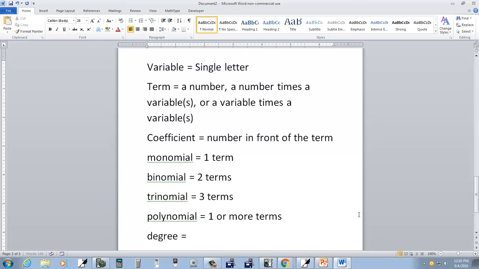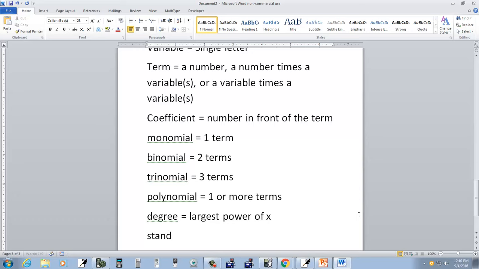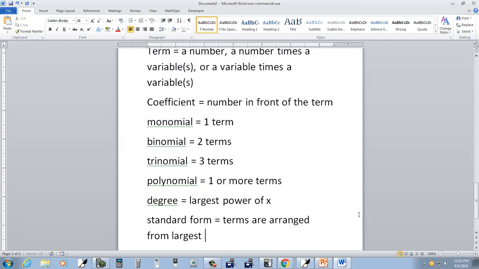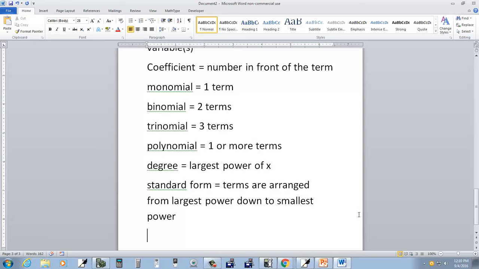We have a degree, which is your largest power of x. We have standard form, and this is where your terms are arranged from largest power down to smallest power. We have our leading term, which is the first term when the polynomial is in standard form.